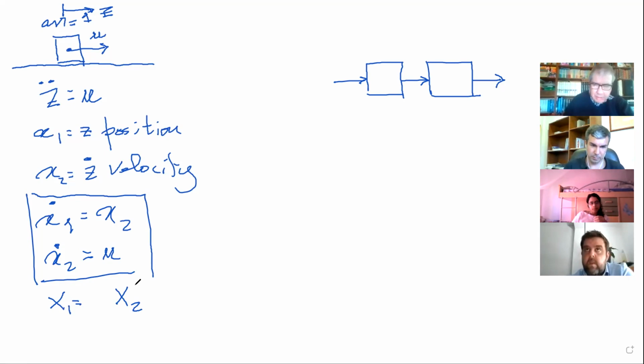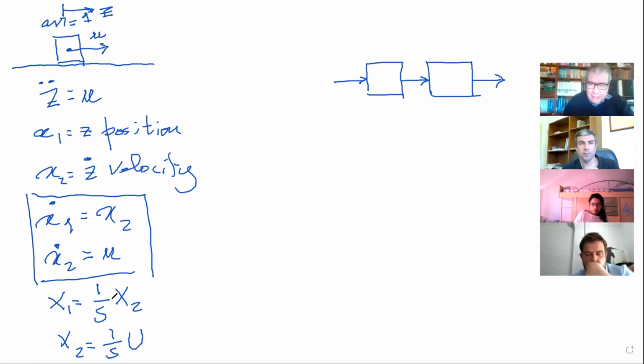So x1 is what with respect to x2? x2 divided by S. So 1 divided by S times x2. And x2 is what with respect to U? 1 divided by S times U. So I prefer to do it in this way because I have my signal and I have something that changes the signal. I call it an operator. Mathematically, if I write x2 divided by S, it's the same. But I prefer to separate things.